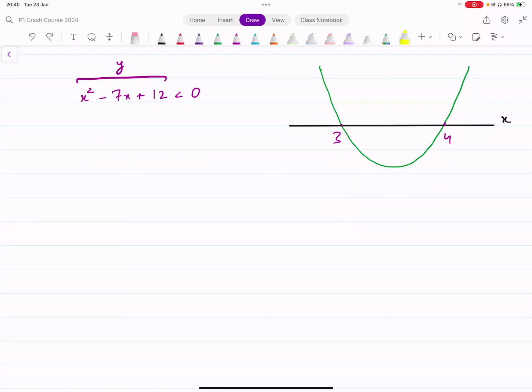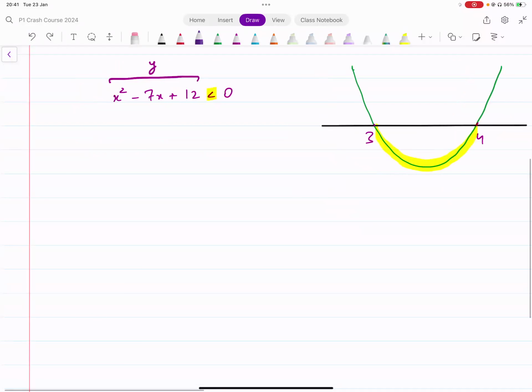So we have this less than sign. If you look at the graph, when is the y value less than 0? That means below the x-axis. That's this region. This is the region where the y value is less than 0. So what are going to be the solutions of this inequality then? Remember, this inequality has values of x.